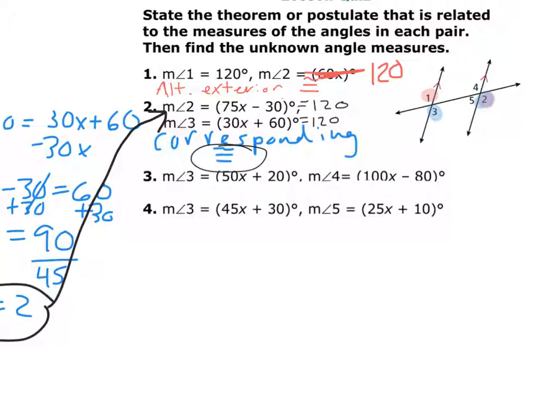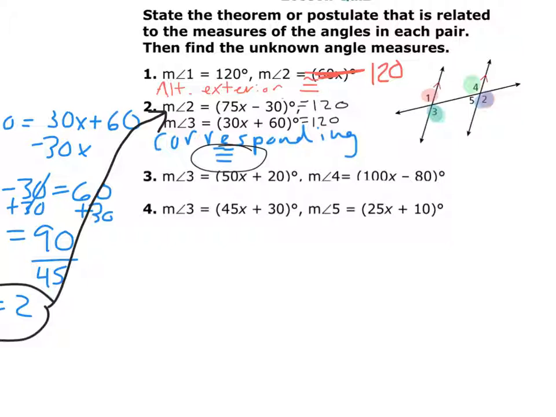Now let's look at angle 3 and angle 4. If you knew that 2 is 120 from the last one, couldn't you just put that? What's the relationship between 3 and 4?